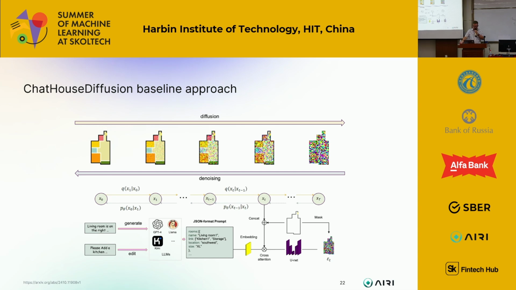And here we see that when we take diffusion models, we can put a JSON representation of some part of the apartment. We can describe it in JSON format and use it in a denoising process to generate a similar picture, or a similar vector representation of the picture, when we want to make it similar to some visual representation.